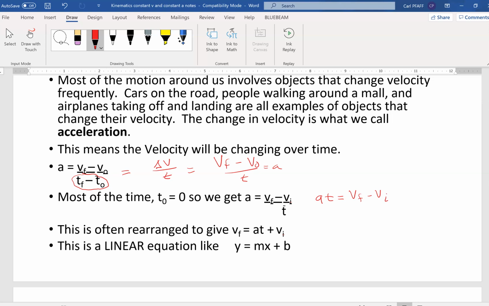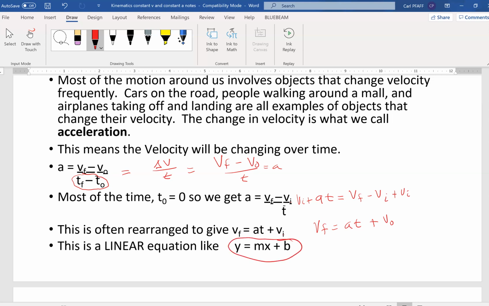And then we add V initial to both sides, and it cancels over here, so that we end up with VF, final velocity, equals acceleration times time plus my initial velocity. And we'll talk about what that means.